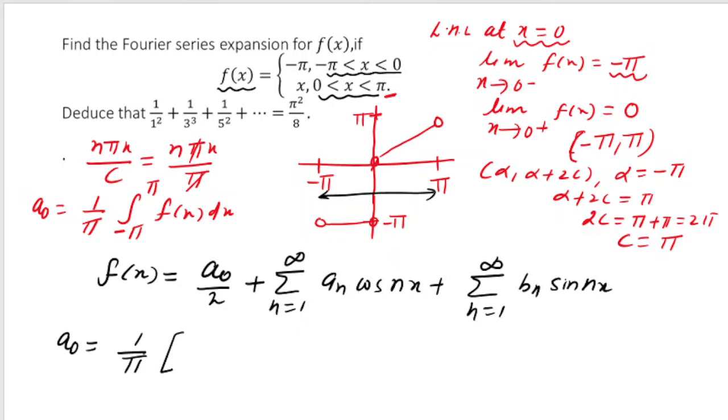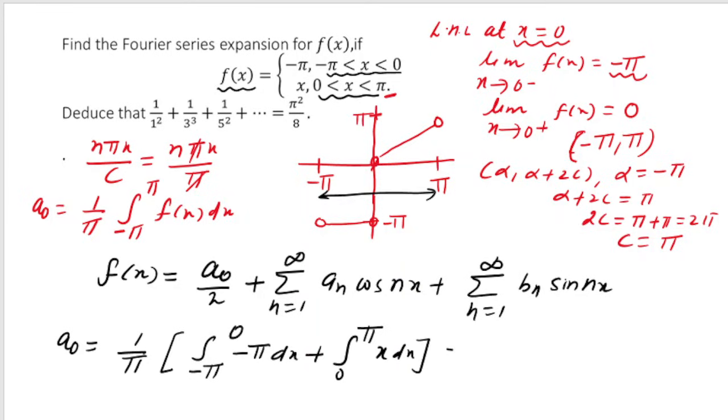Here what do I have to write? I have to write integration from minus pi to 0 first, and in this interval the function takes the value minus pi, and then we integrate. And from the point 0 to pi the function takes the value x, so I will write x dx.